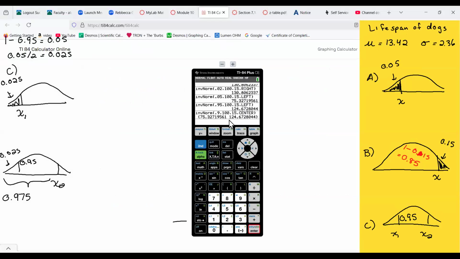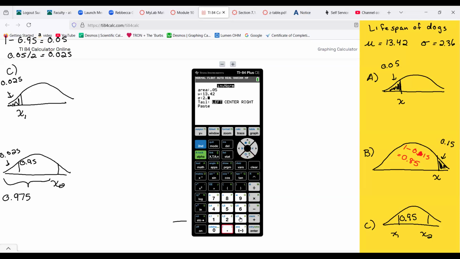I bring up my calculator again. Clear this all out. So for A, we already have the area to the left, second bars. So we're looking for that bottom 5%. So the area to the left, we're just doing left, is 0.05. The mean lifespan of a dog is 13.42.